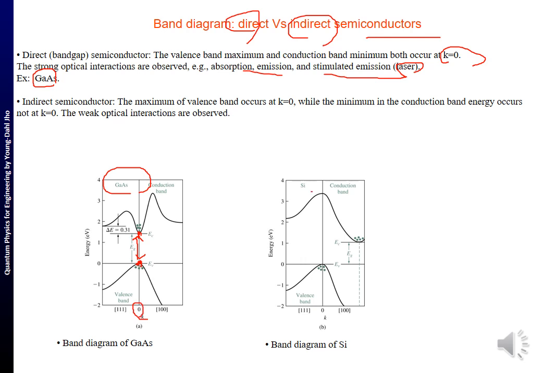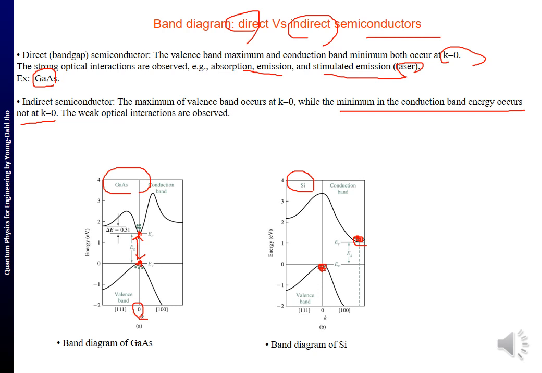On the other hand, for indirect semiconductors such as silicon, the valence band maximum is here, and the conduction band minimum is here. So in k space they are separated. The minimum in the conduction band occurs not at the k equals 0 point.